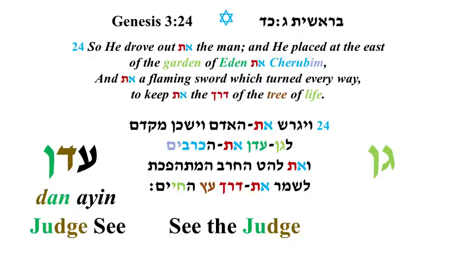And here we do see the judge. Man broke the rule. He ate from the tree, but he wasn't supposed to, and the judge has now given down his punishment. You are now banished from this Gan Eden, the Garden of Eden. All right? So, there it is. You can see a lot in there.